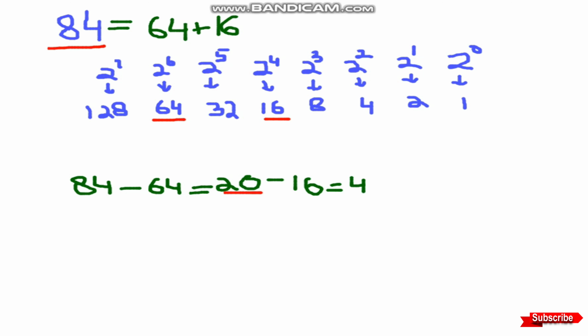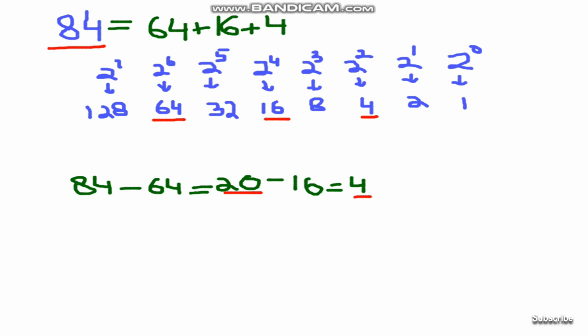Again the same procedure: we find the number that is equal to 4 or less than 4. So we can see that we have 4 here. There is no need to use the numbers less than 4 as we have the number equal to 4. So now I'll write this number again here, plus 4.